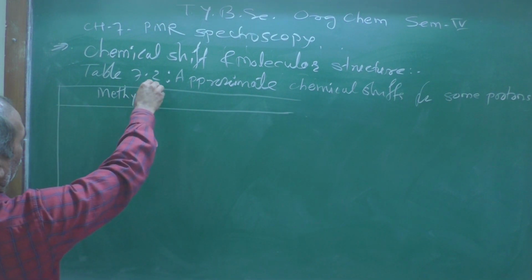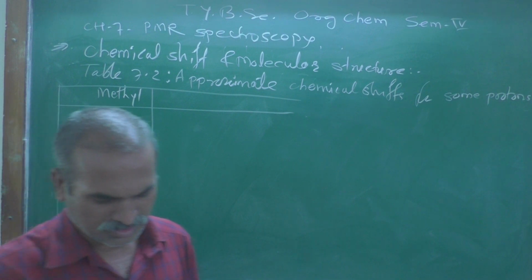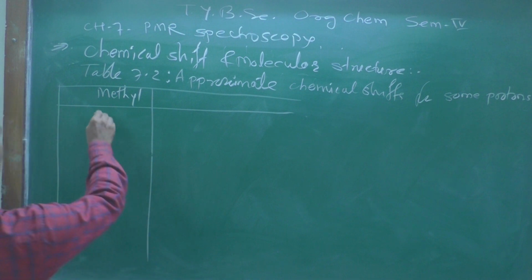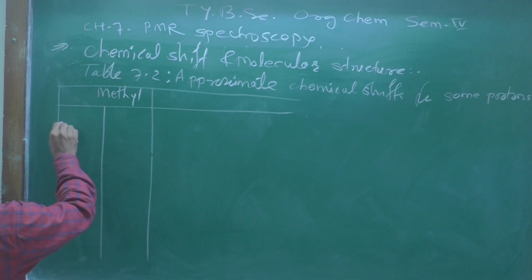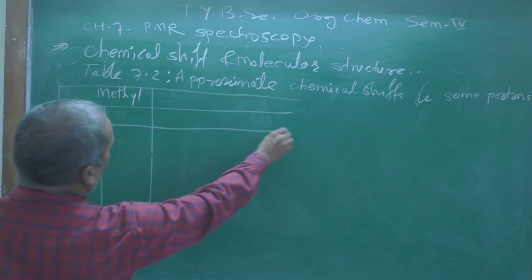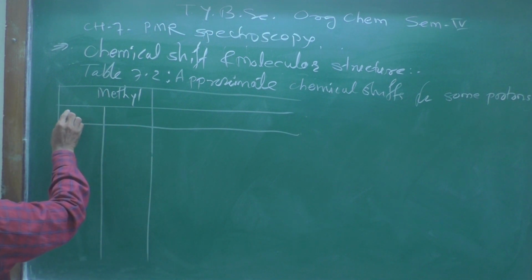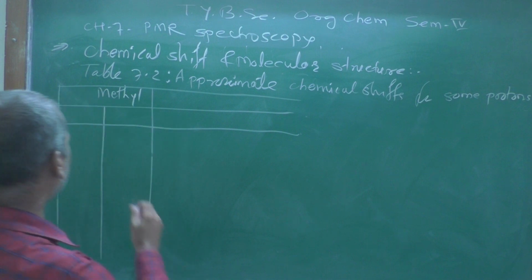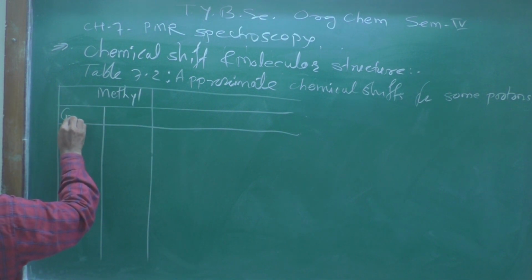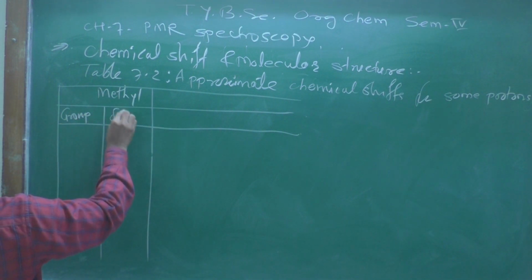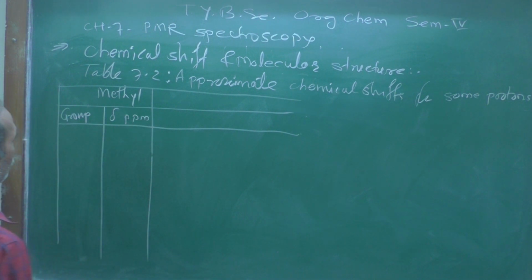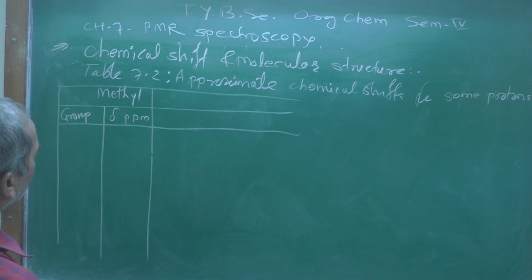I am splitting the column into group and delta in ppm, where ppm, as we know, is parts per million.